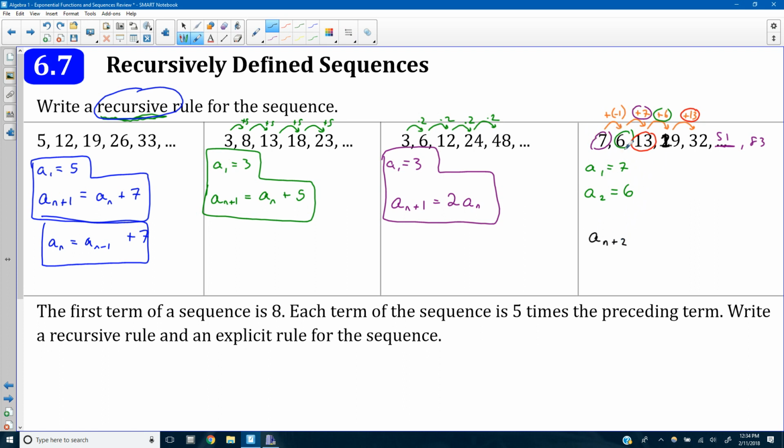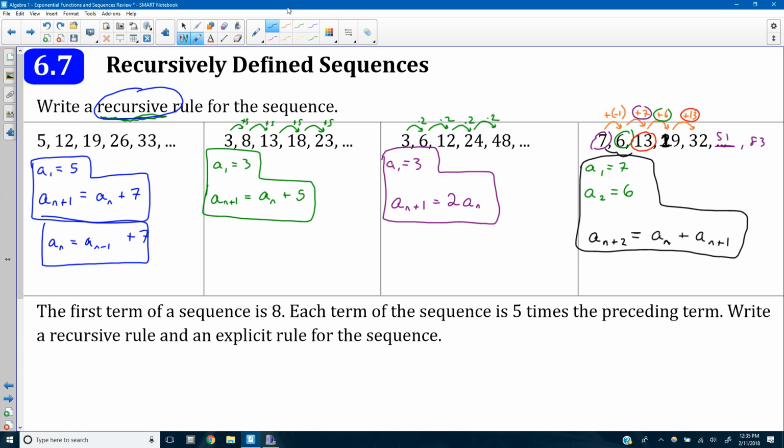To find the value of two terms ahead, I've got to take the value of the term two before it, and add the one that's just one before it, like that. And I think that ends up being your equation.